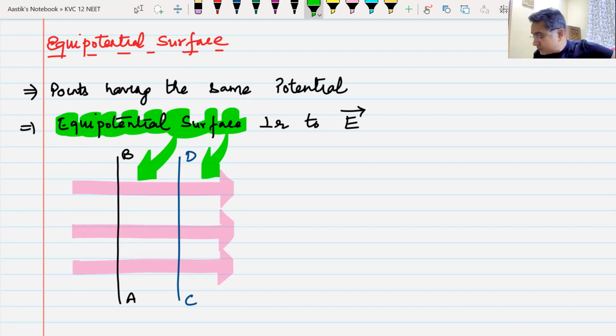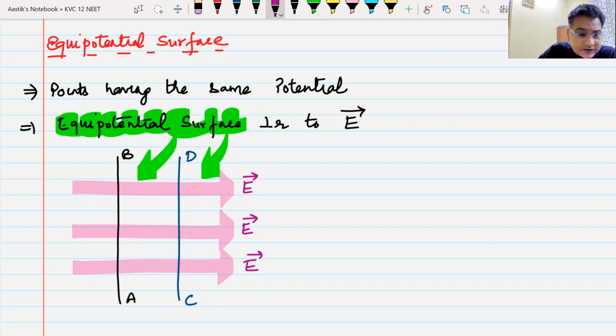Now, you have got two surfaces, AB and CD. Which surface will be at a higher potential? I'll give you 2 minutes to draw it, think about it, and let me know the answer.